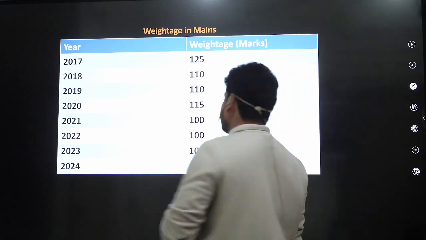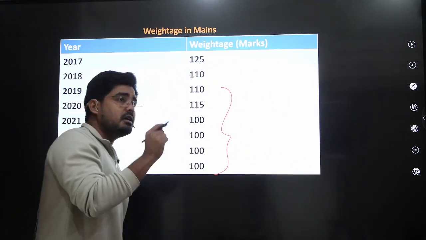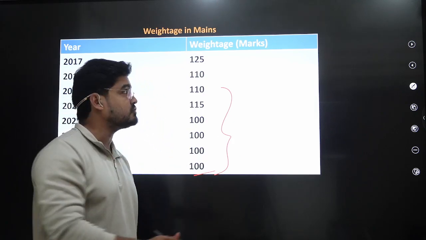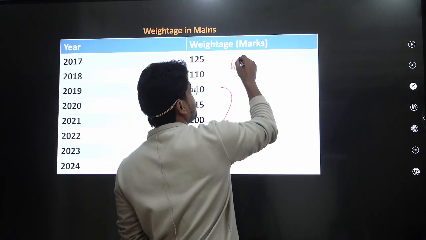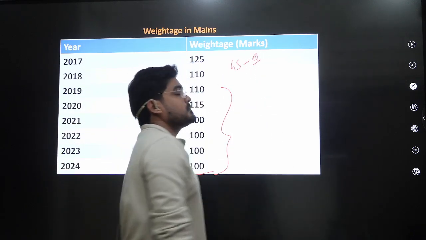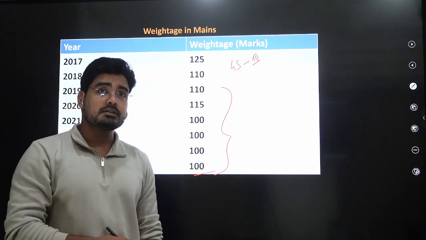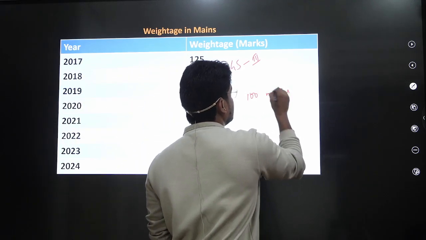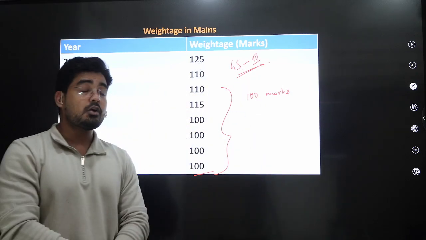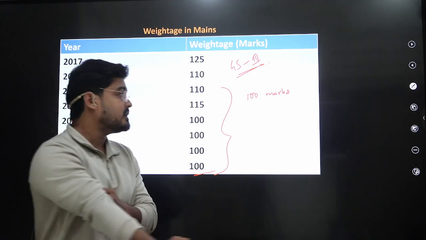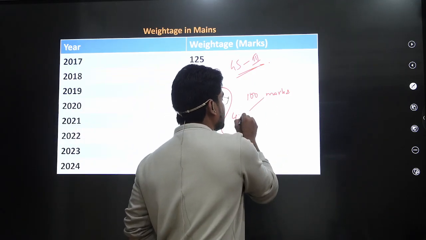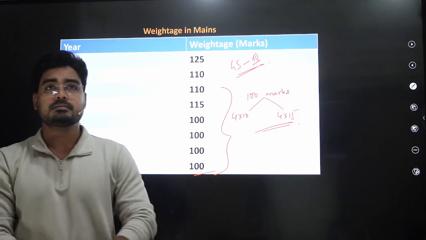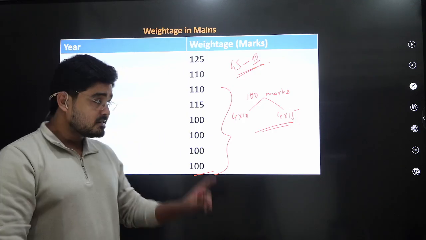In the last 5 years, at least 100 to 110 marks' worth of questions have been asked from economy in Mains GS paper 3. That means there are around 8 questions, 4 ten-marker questions and 4 fifteen-marker questions, asked from economy in GS paper 3. This is the weightage.